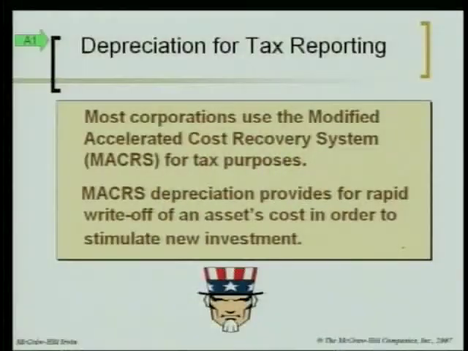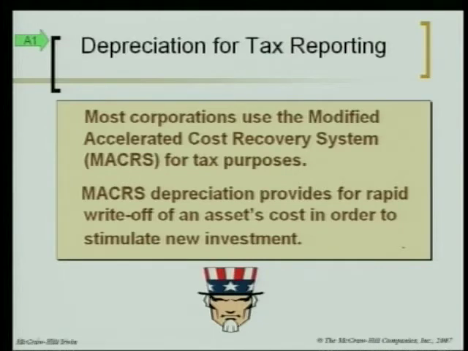Okay? All right. We don't talk a lot about taxes in this course, thankfully, but I want you to at least be familiar with this term. There's something called MACRS, Modified Accelerated Cost Recovery System, that allows you to depreciate your assets quicker or more rapidly.